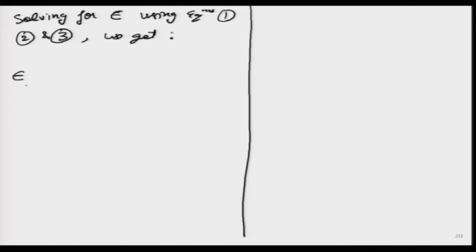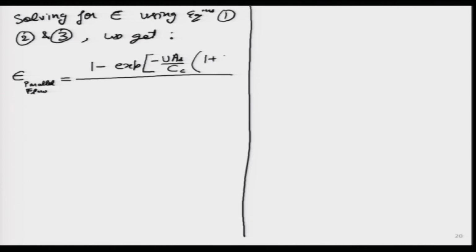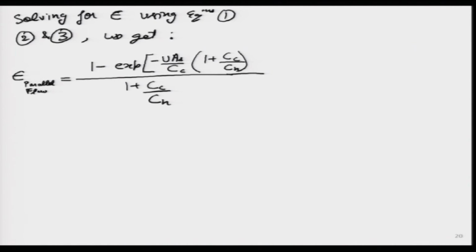So, a very beautiful result we are getting. I will write that this is for parallel flow. Epsilon for parallel flow turns out to be simply a ratio, and that ratio is 1 minus exponential of minus UA_s divided by capital C c, bracket 1 plus C c divided by C h, divided by 1 plus C c by C h, into C min by C c.